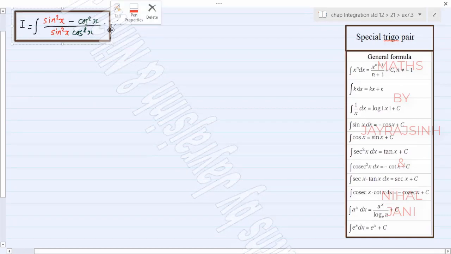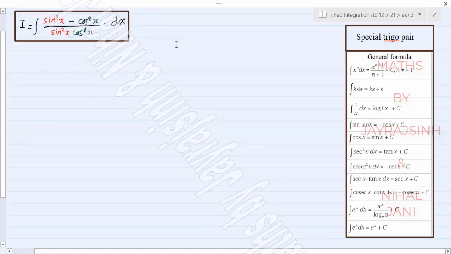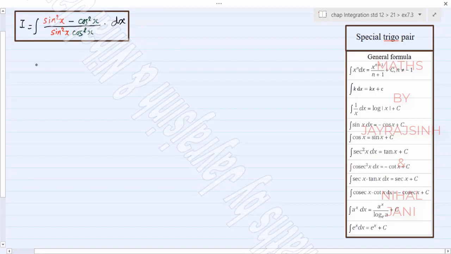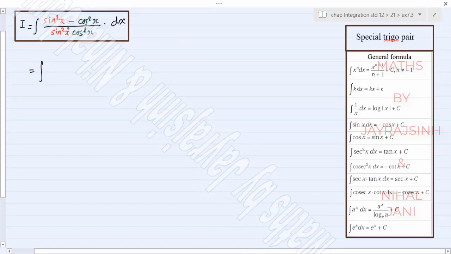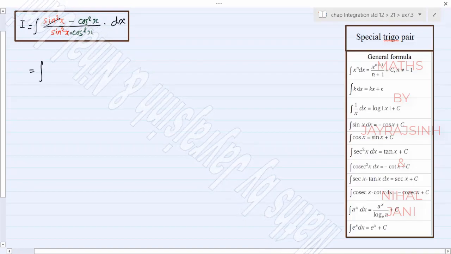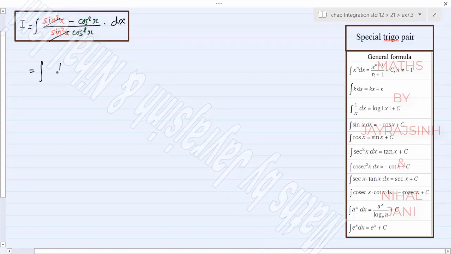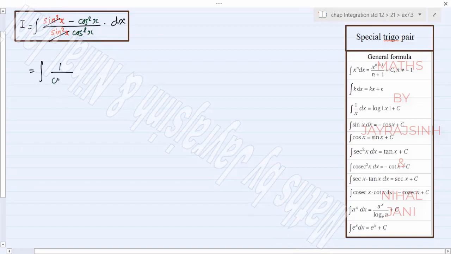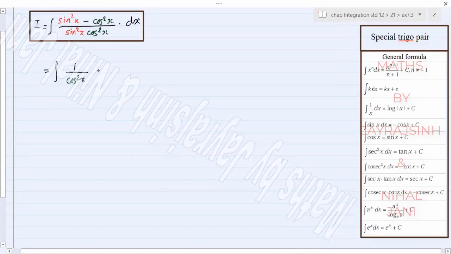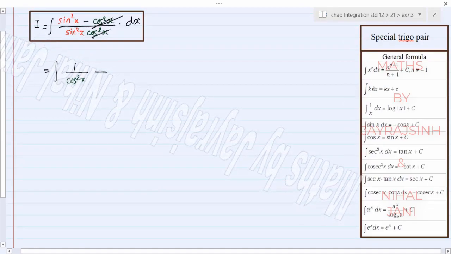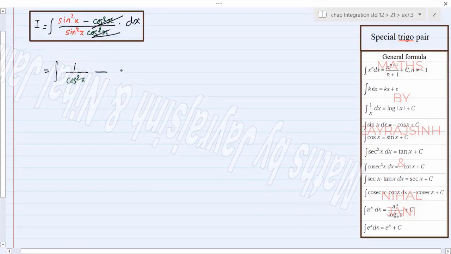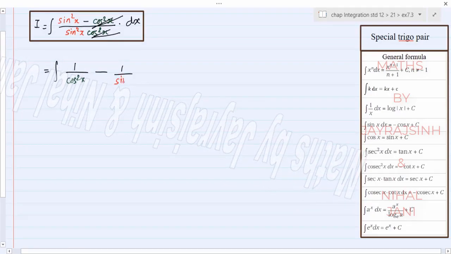Here we have to integrate (sin square x minus cos square x) upon sin square x into cos square x. For simplification, let's give individual denominator. So in the first term, your sin square x will cancel out. We will get 1 upon cos square x, minus, in the second term, your cos square x will cancel out. We will get 1 upon sin square x.